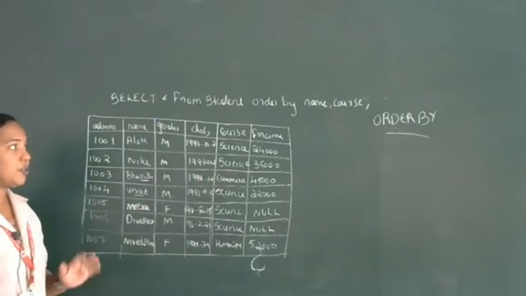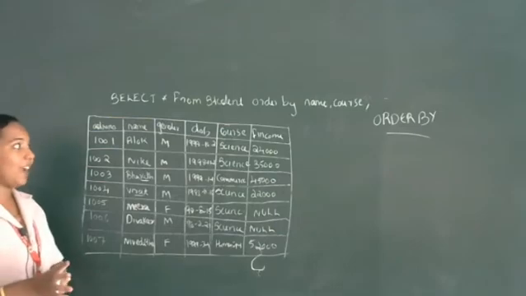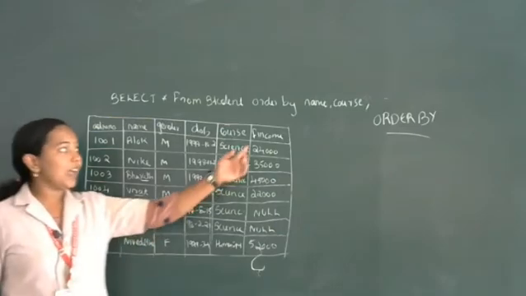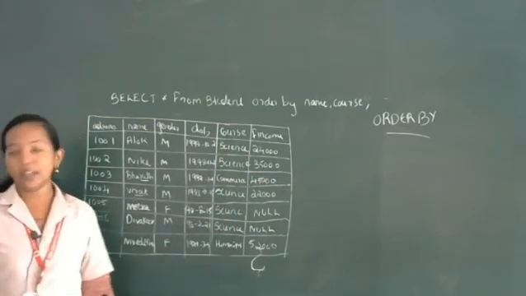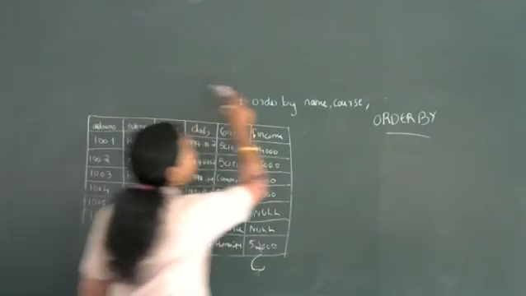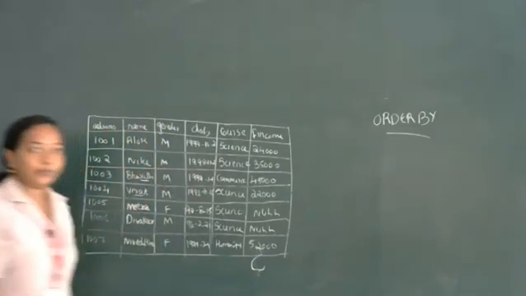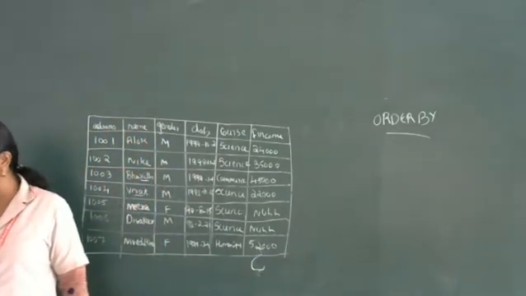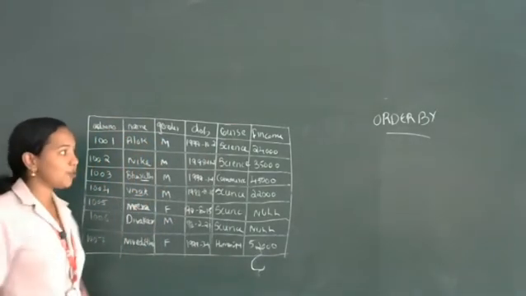Suppose you want to arrange this table according to the ascending order of F income, family income. Ascending order, not descending order. How will we write?